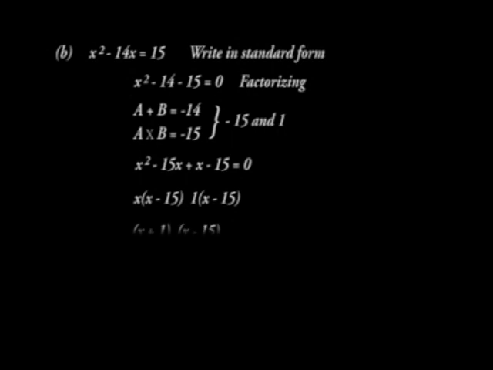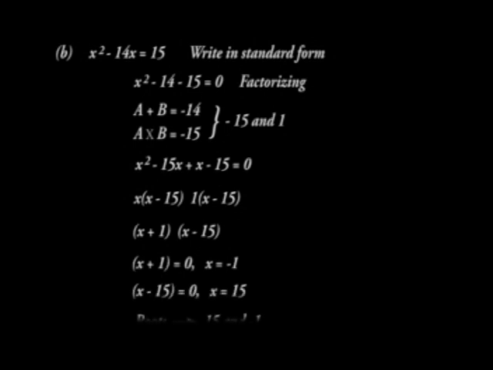Factorize x into (x minus 15), 1 into (x minus 15). We have (x plus 1)(x minus 15). If x plus 1 is 0, x is minus 1. If x minus 15 is 0, then x is 15. The roots are 15 and minus 1.